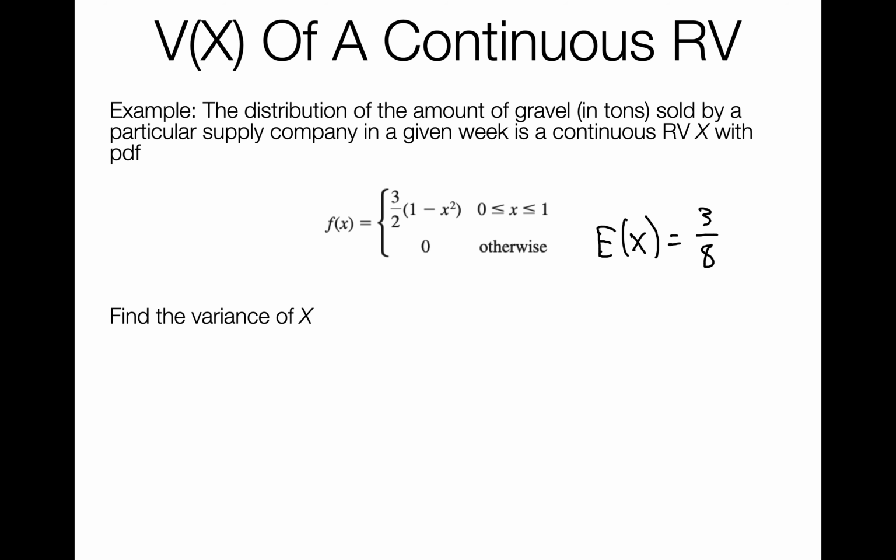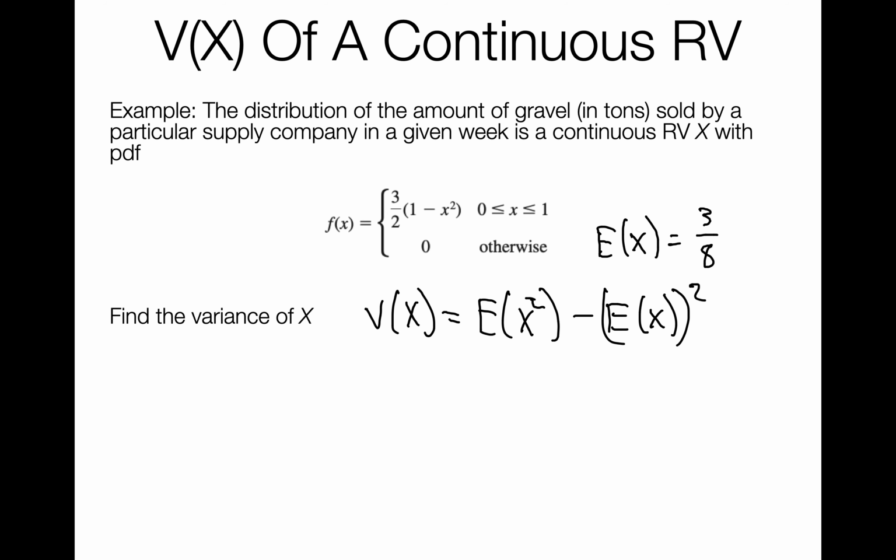So we want to find the variance, and I'm going to find the variance of x by finding the expected value of x squared minus the expected value of x, quantity squared. So really all I need to do is find the expected value of x squared, where it's x squared on the inside.